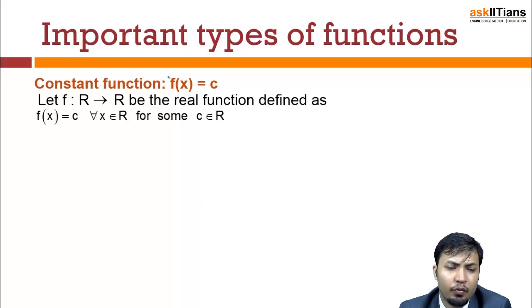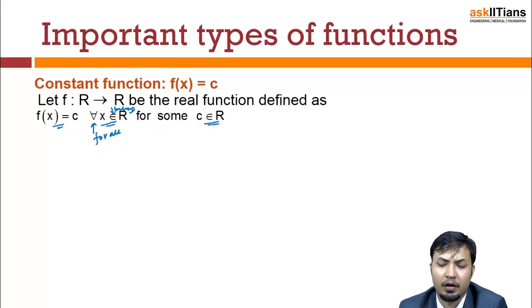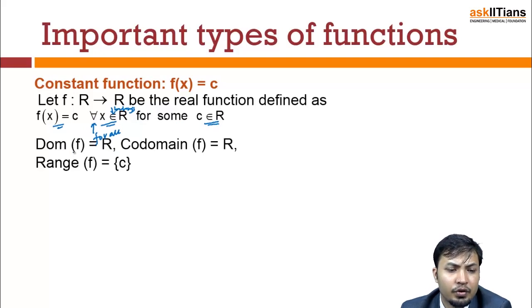For any function from R to R, let it be a real function which can be defined as f(x) equals c for every x belonging to R. You see, this signifies 'for all', this signifies 'belongs to', okay, in R, for some c that belongs to R. Okay, then you see the domain of F will be R, the codomain will also be R, and the range is the constant value that it is getting.